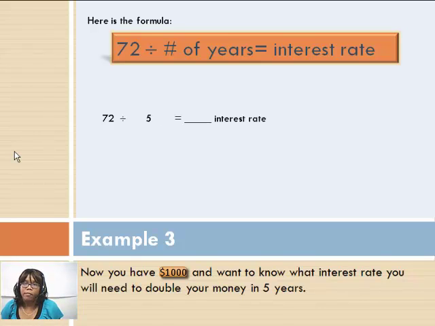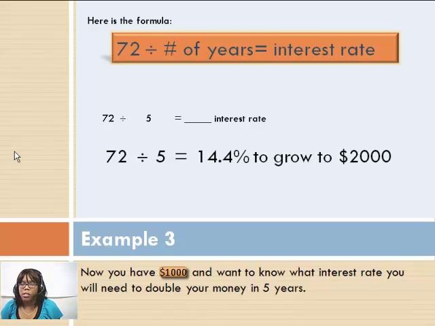And that'll give you the interest rate. So you do 72 divided by 5. Get out your calculator because this is not going to go evenly. It equals 14.4. So you're going to need to find an investment that returns 14.4% a year for 5 years in order to double your money.